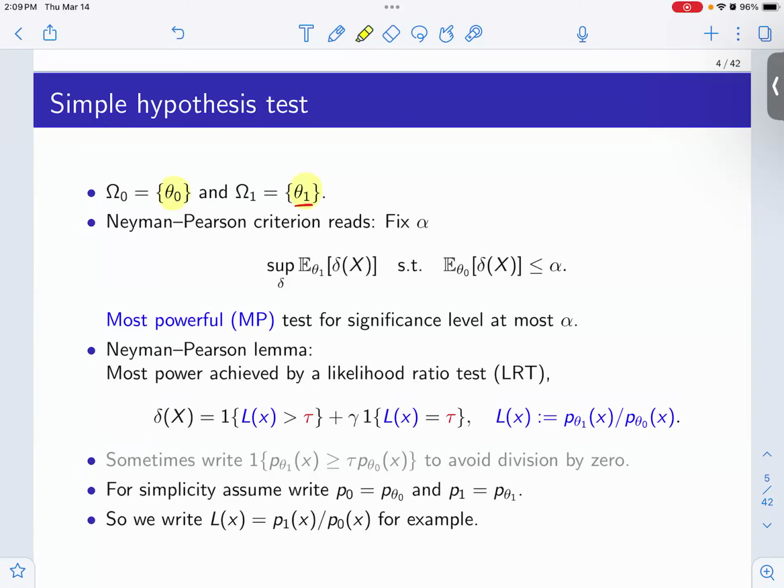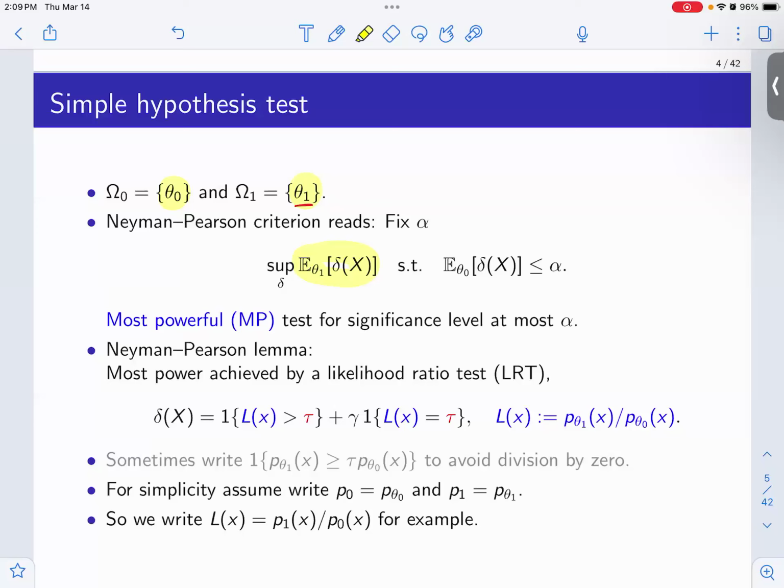And the idea here is that the Neyman-Pearson criterion that we discussed just reduces to this optimization problem. So both the power and the significance level, the sup and inf, just collapse to one point. So this is the power of the test. So what is the acceptance probability under theta 1?